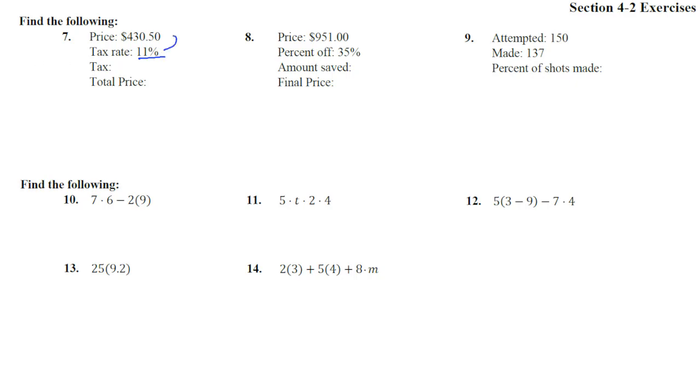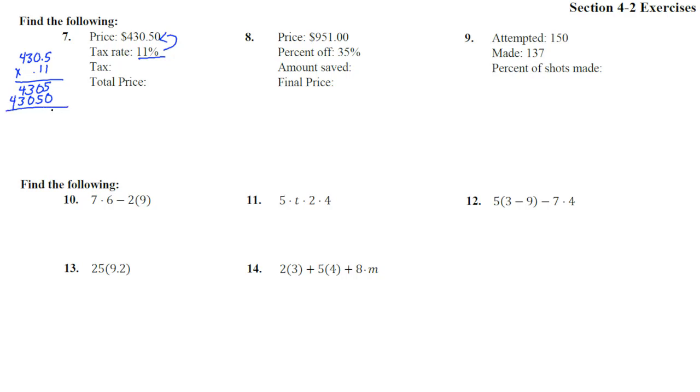We're going to take 11% of 430.50 times, now 11%, move that decimal 2 places and we get 0.11. So if we take 1 times 5, 1 times 0, 1 times 3, 1 times 4, put a 0 down there for the second row that we're doing. 1 times 5, 1 times 0, 1 times 3, 1 times 4.